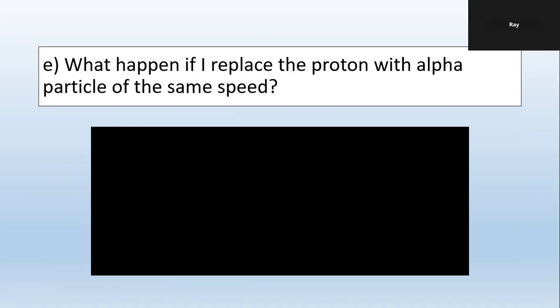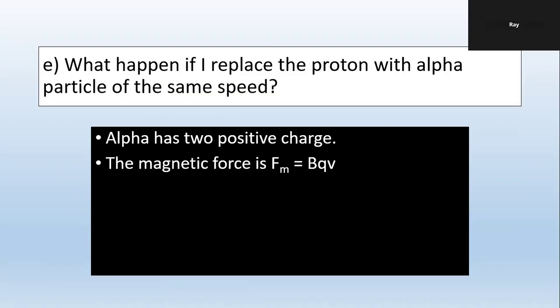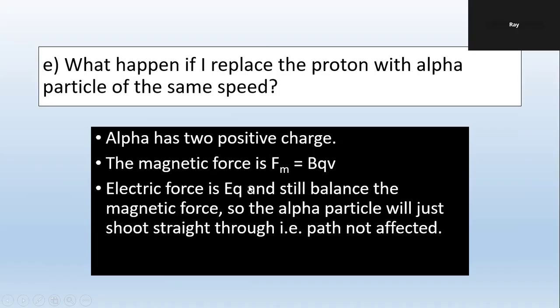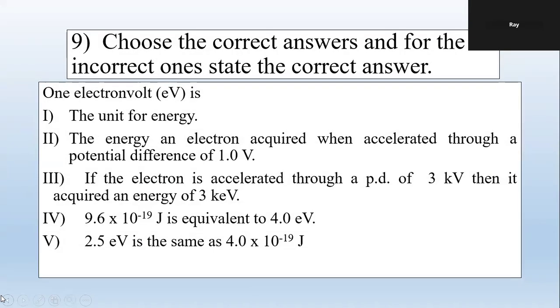It doesn't depend on charge. Alpha has two positive charges, so the magnetic force is double and the electric force is also double, still balancing the magnetic force. So alpha will just shoot straight through. The path is not affected. Okay?